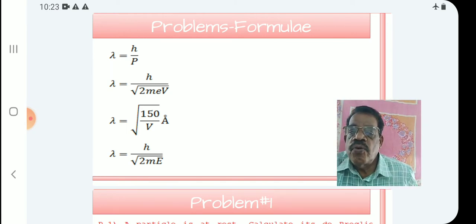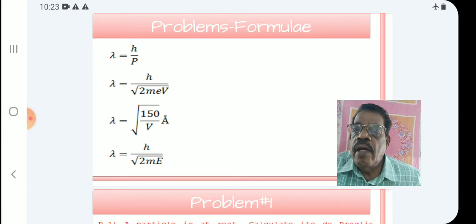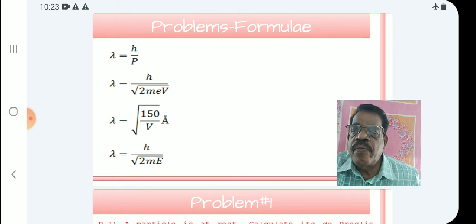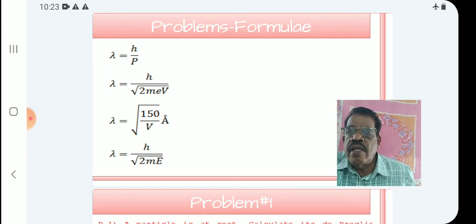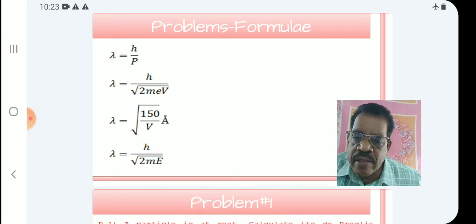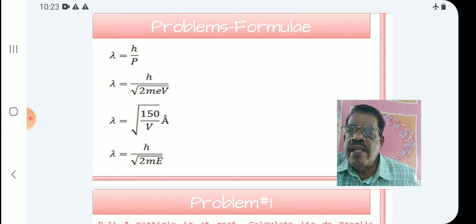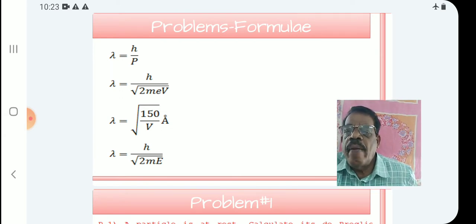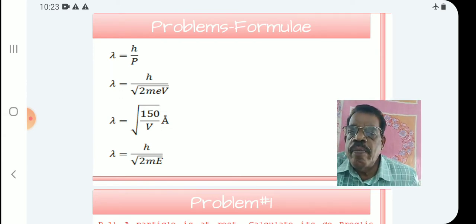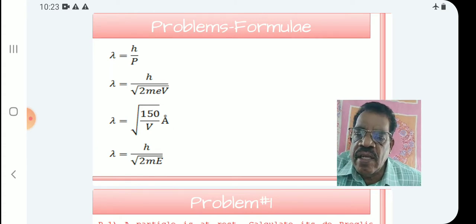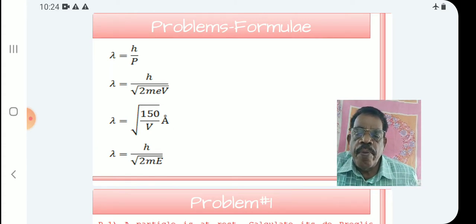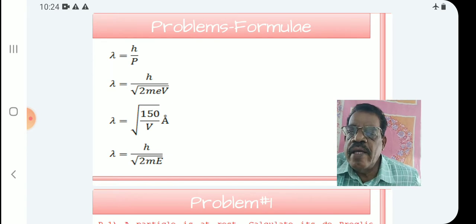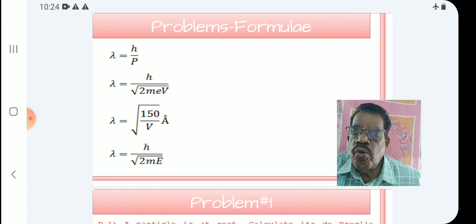So from these equations, one thing is clear: lambda is h by p, h by mv, and when velocity is constant, the wavelength is inversely proportional to mass. And in equation number 2, lambda is h by root of 2MeV, the meaning is if energy eV, the energy of the electron or proton, is constant, lambda is proportional to 1 by root m.